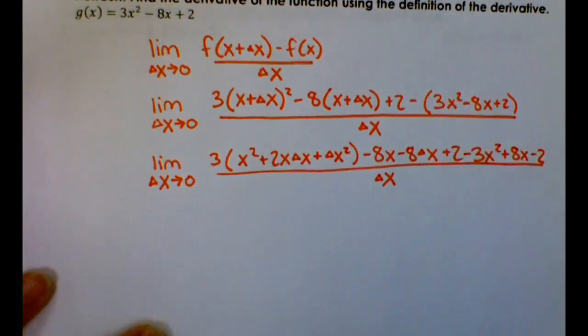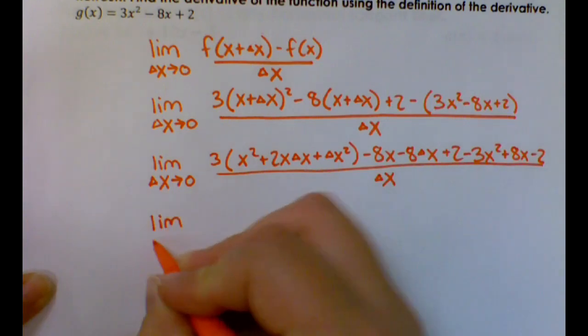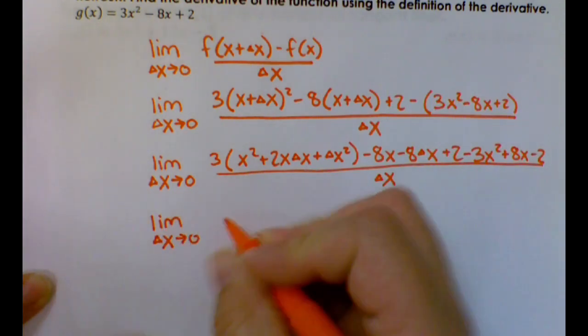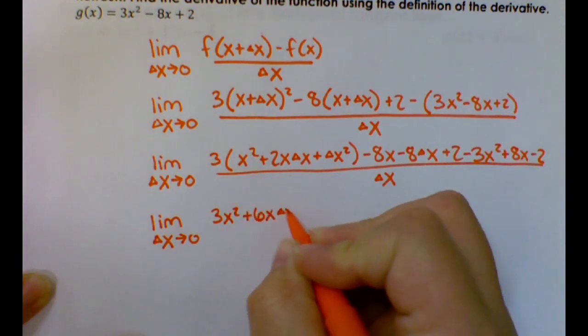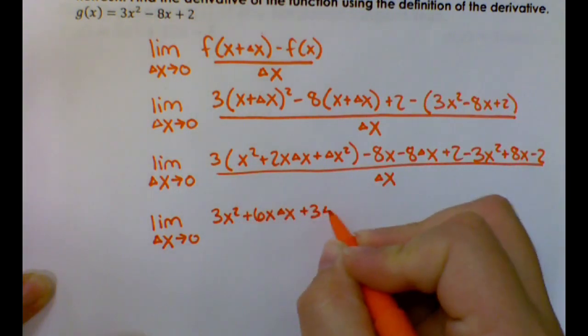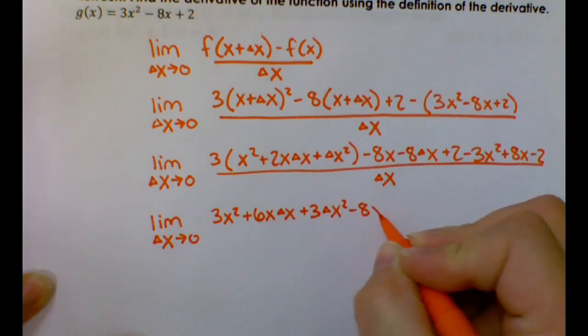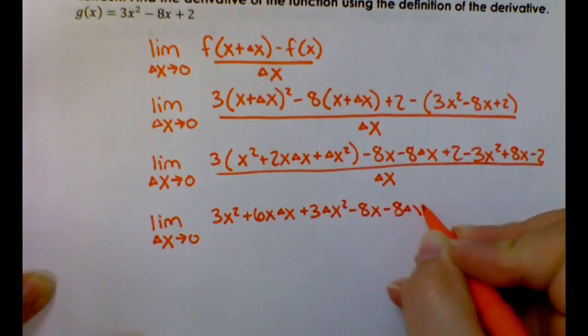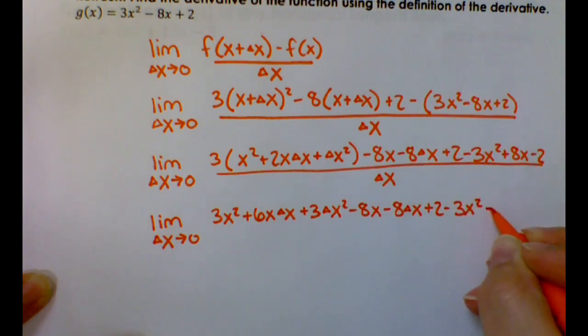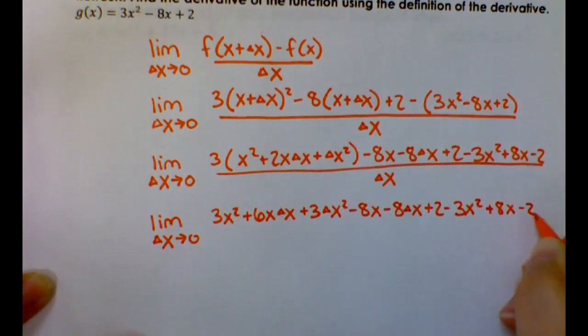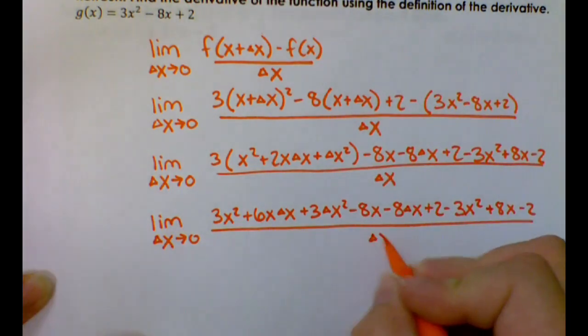And we're almost there. We have to distribute the 3. The limit as delta x approaches 0 of 3x squared plus 6x delta x plus 3 delta x squared minus 8x minus 8 delta x plus 2 minus 3x squared plus 8x minus 2 all over delta x.